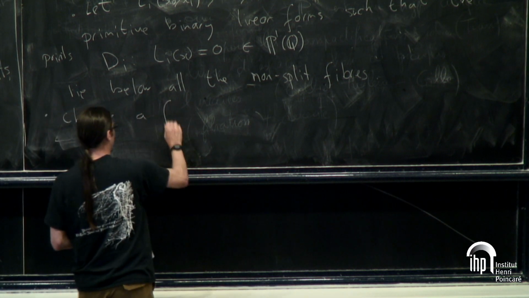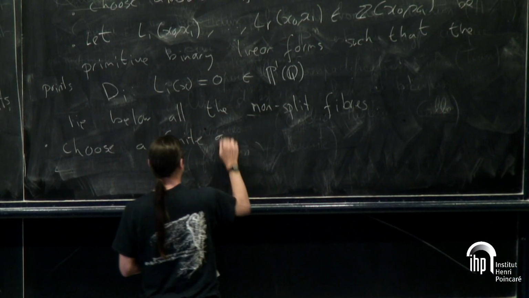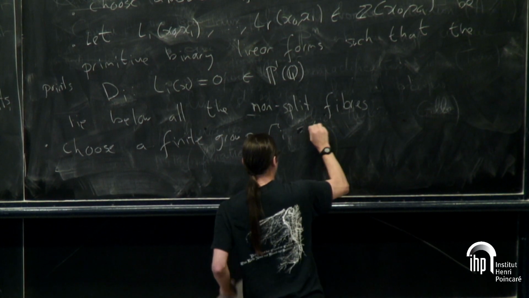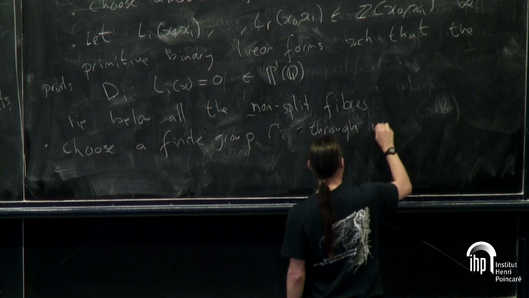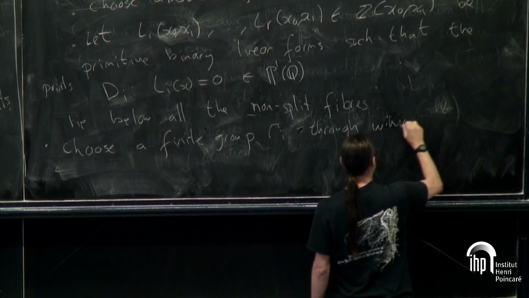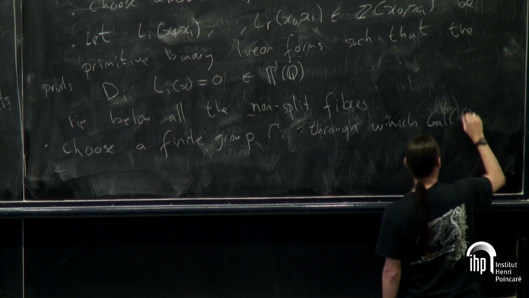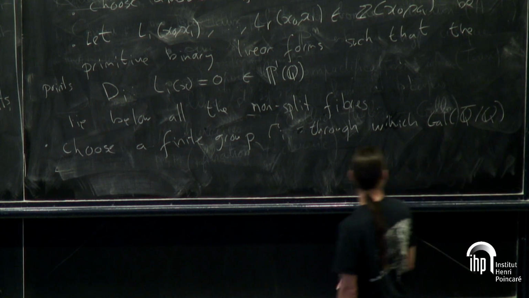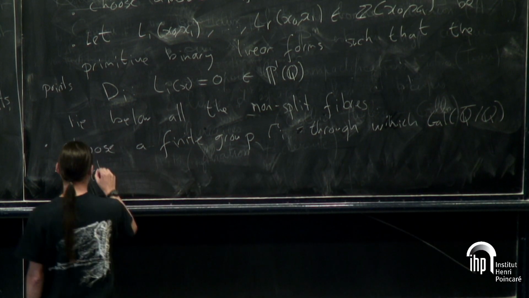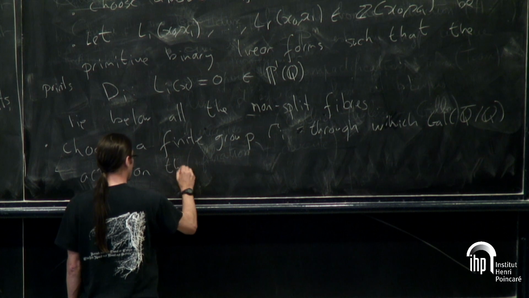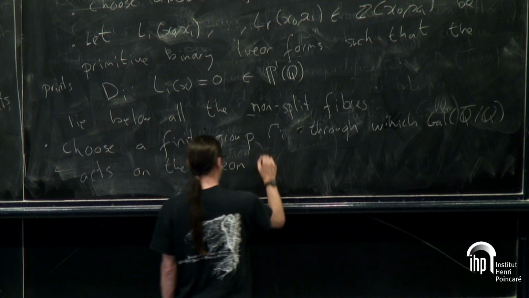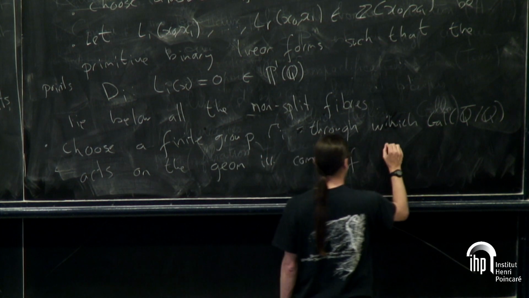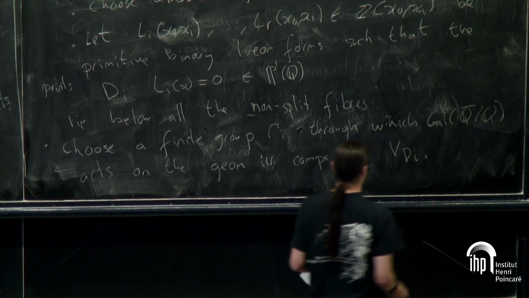So choose a finite group, gamma i, exactly the same as in the delta invariants, through which the absolute Galois group acts. Now the residue field of my point is Q, so it's really just the absolute Galois group of Q. This acts on the geometric irreducible components of the fiber over the point Di.